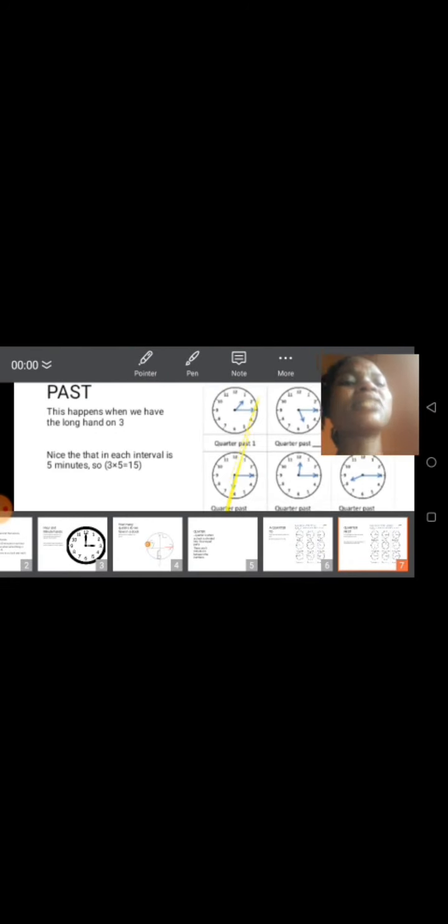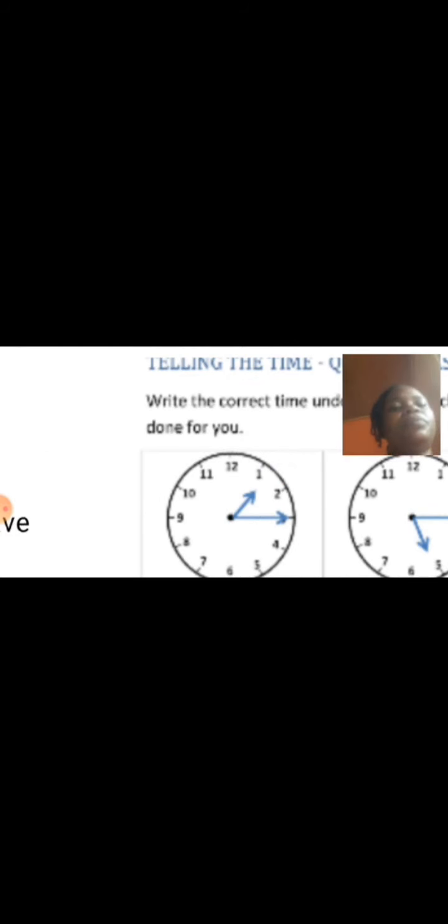Now on my screen here, I have some clocks. The first one has been done for you. I have my long hand on 3 and my short hand just a bit past 1. So then I say the time is 1:15. The second one, the long hand is on 3 and the short hand is on 5.